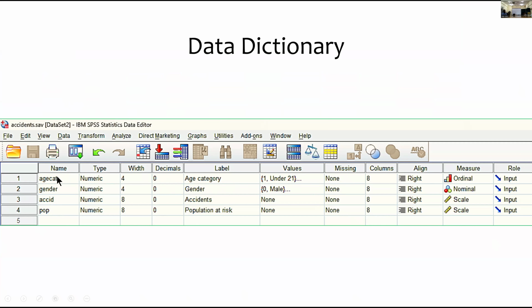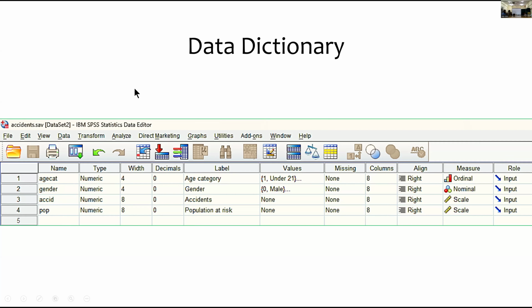I may put some other short form, I may just put it as age. People will be confused, how can age be 1 and 2? So this is the short form of the longer form, which is called the variable label. Now this age category, we have considered as numeric because I have coded less than 21 as 1 and more than 21 as 2.